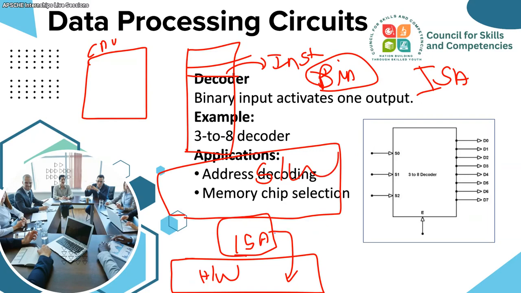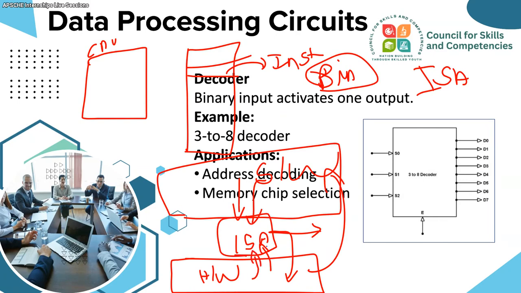So this ISA will become an intermediary, so the hardware guys don't want to depend on the software. If they implement according to this ISA, this software will work. If the software is implemented according to this ISA, this hardware will work. That's it.